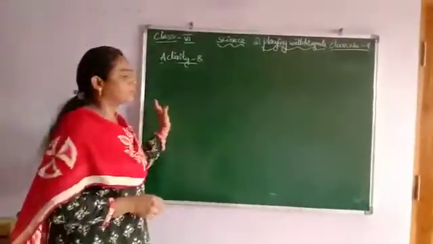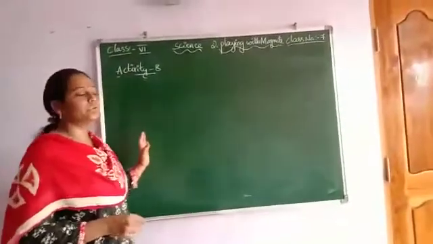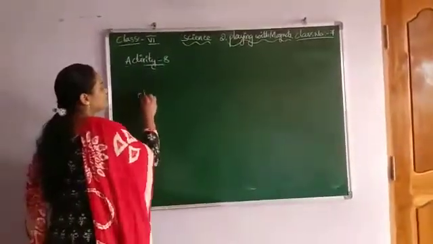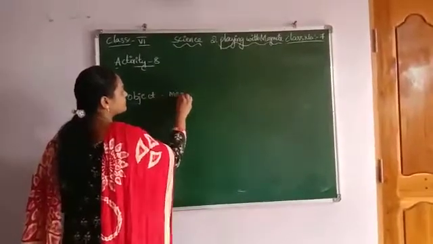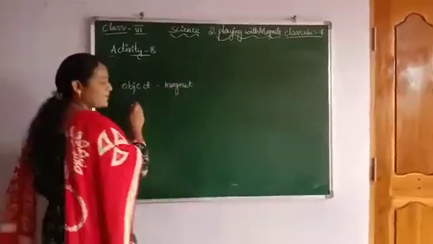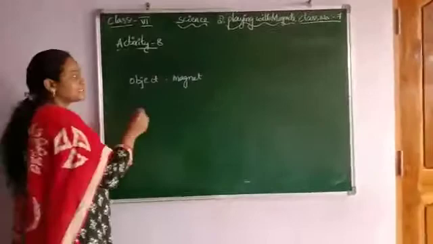After forming a table, if any object is attracted by the magnet, then it is known as a magnetic substance.